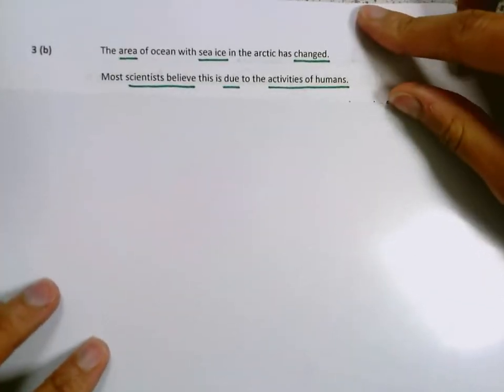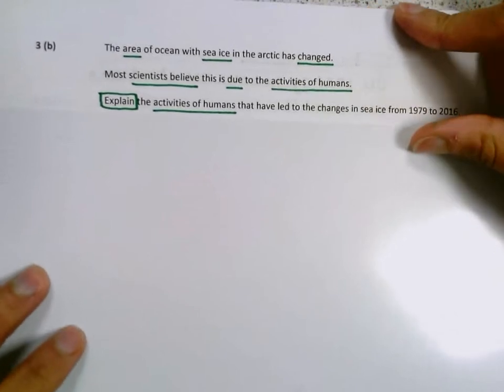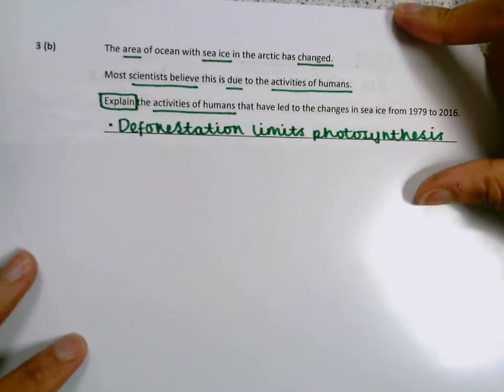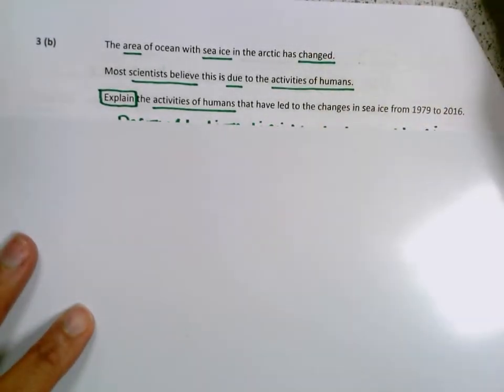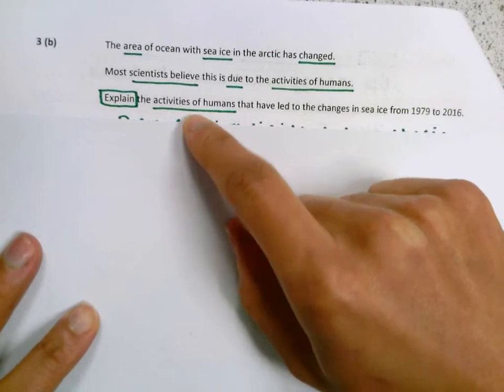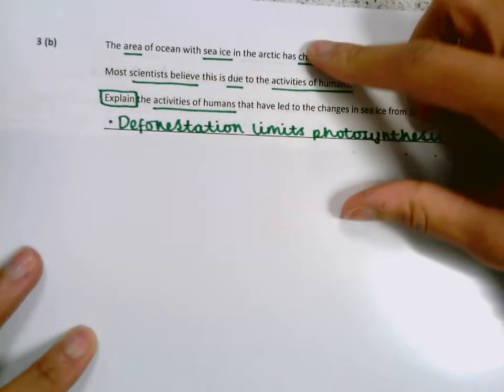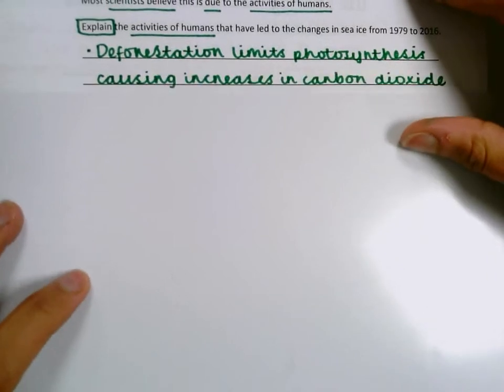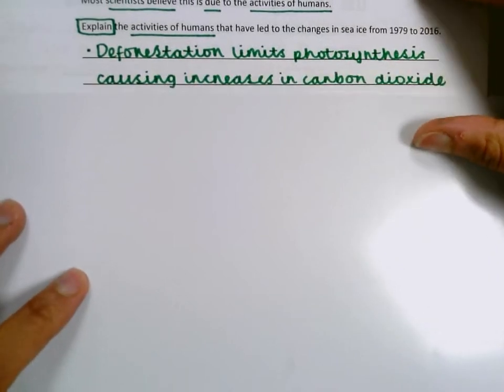The area of ocean with sea ice in the Arctic has changed. Most scientists believe that this is due to the activities of humans. Explain the activities of humans that have led to the changes in sea ice from 1979 to 2016. Look at where I've bugged. So I want us to explain the activities of humans that cause the area of sea ice to change. So, deforestation limits photosynthesis, causing increases in carbon dioxide.